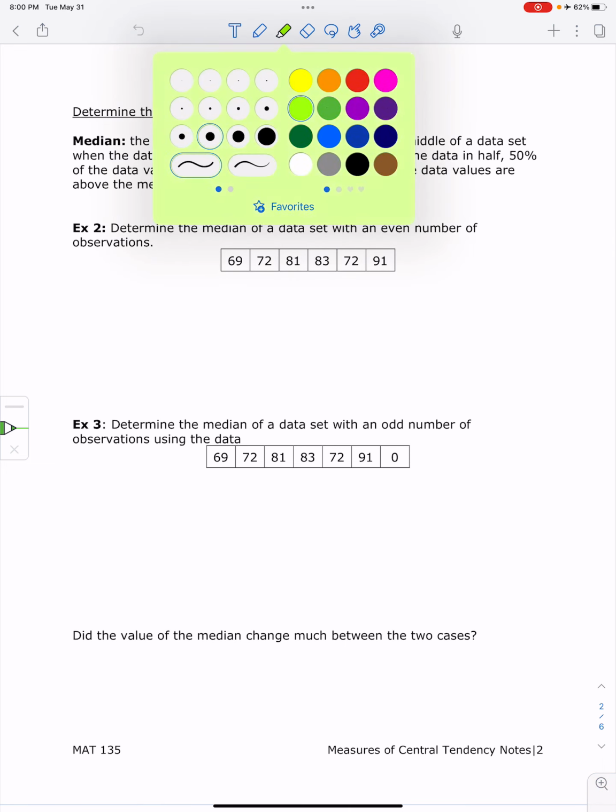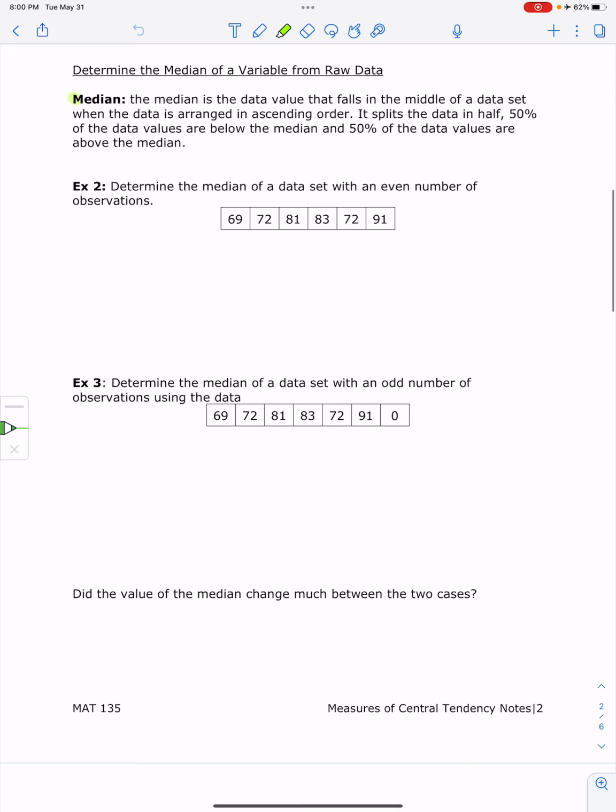The easiest way for some to remember the median is that it's the value that falls in the middle. Median, middle. The important thing to remember is that the data does have to be arranged from smallest to largest. So we're looking for the value that splits the data set in half.